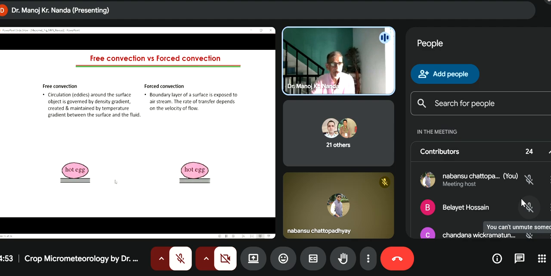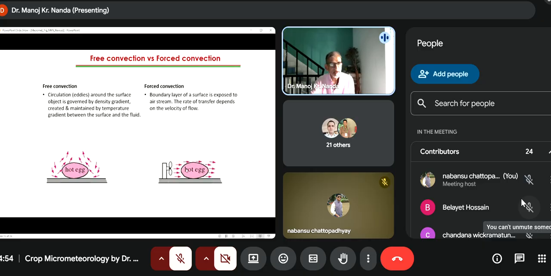Now just take an example of a hot egg here and a hot egg here. In this case, there is no fan. Around the hot egg, what will happen? The air near the surface is getting heated and going upward. When this air is going upward, surrounding air will come to replace it, and there is formation of eddies. There is an upward movement, but here no horizontal velocity is involved.